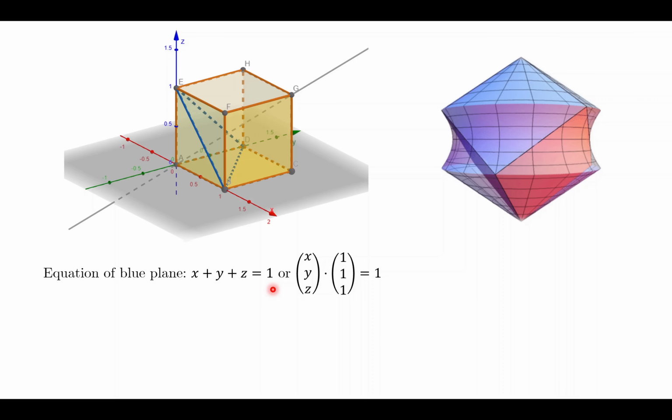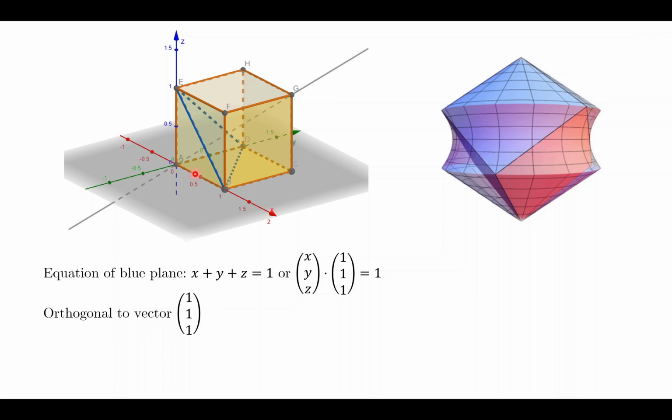Now, if you put it into this form, then it is evident that the blue plane is orthogonal to our rotation axis. This is very useful because it means that if I use the blue plane to slice the cube into two pieces, I can separately consider the part below the blue plane and the part above the blue plane, and the two solids will not interfere with each other.